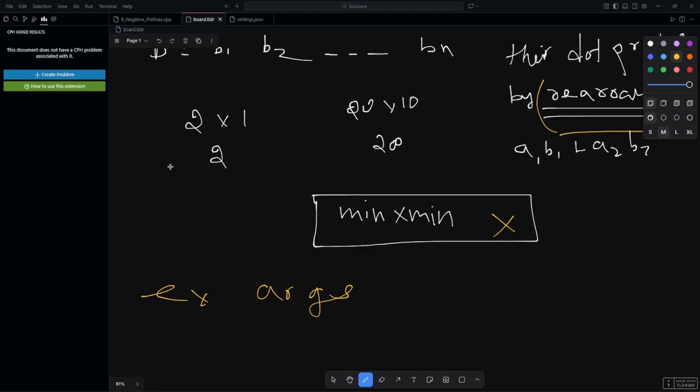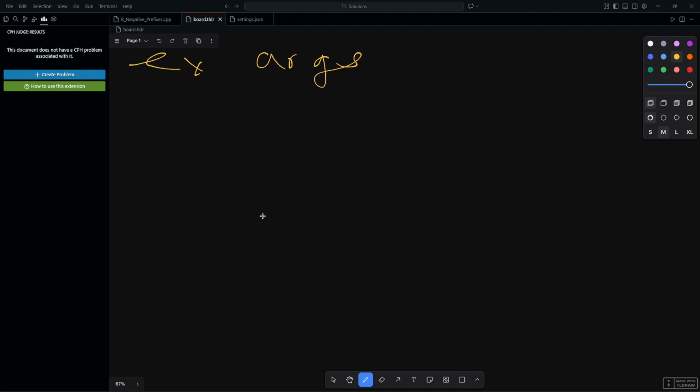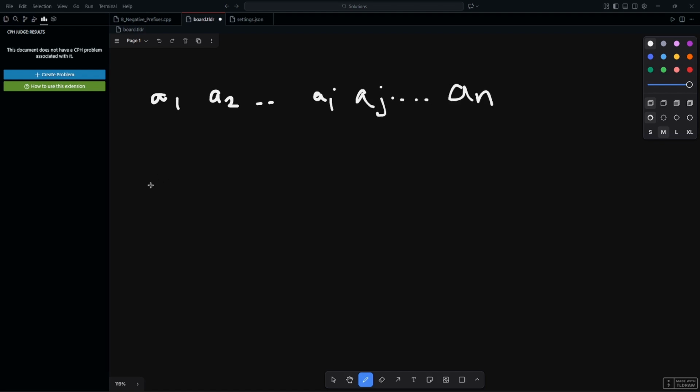If I want to minimize the dot product, that means A1, A2, so on till AI, AJ, so on till AN, and B1, B2, so on till BI, BJ, so on till BN.